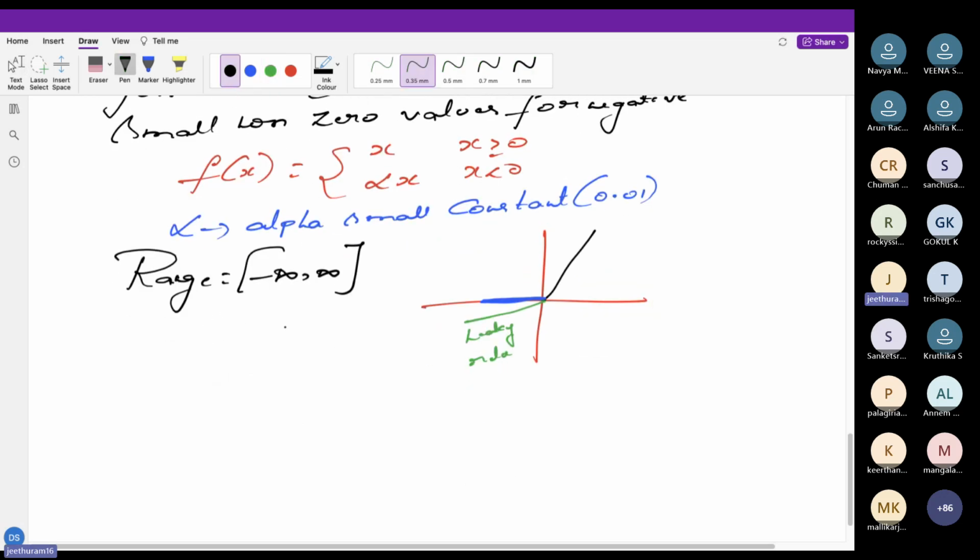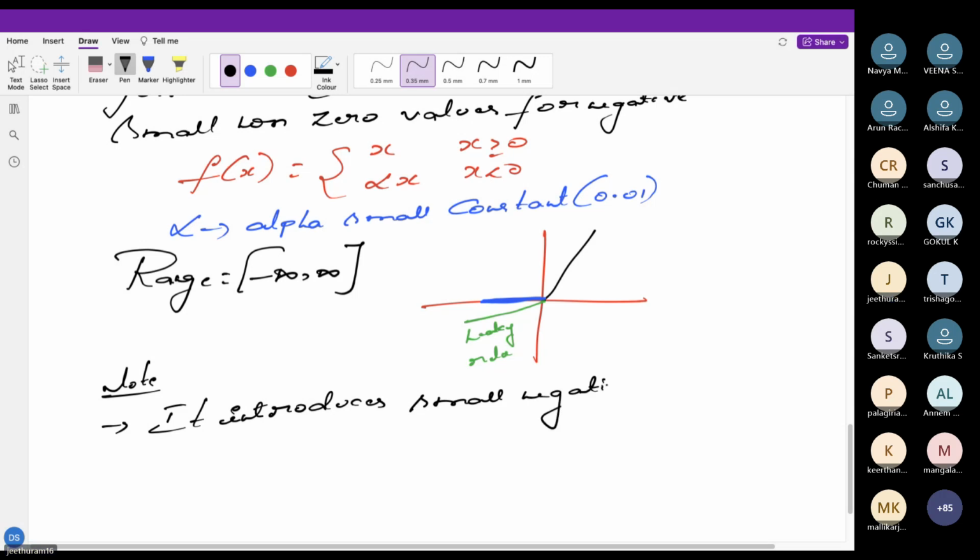So what is happening here? It introduces small negatives and also overcomes the dying ReLU problem.